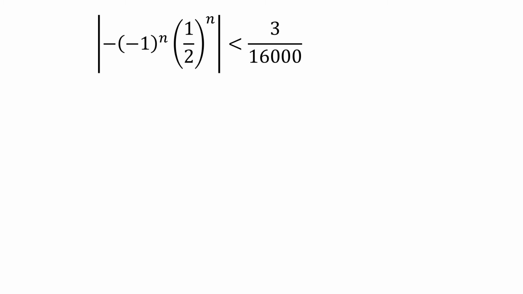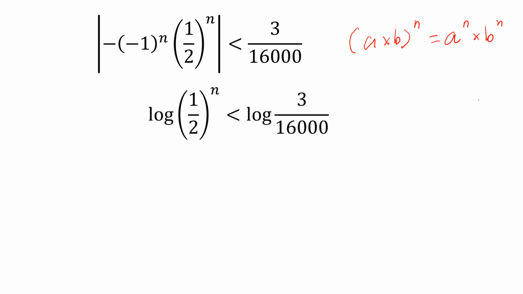By using the properties of indices, A times B to the power of n, we can change into A to the power of n times B to the power of n. So these values will be positive because of the modulus sign.